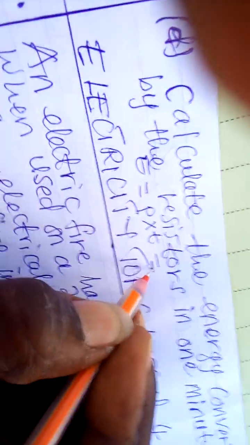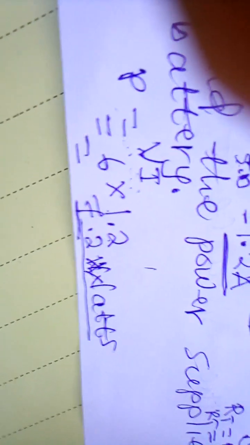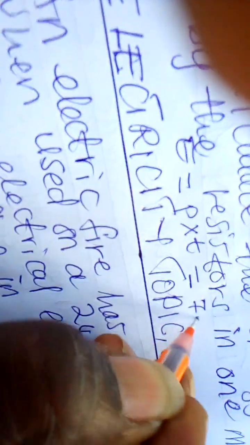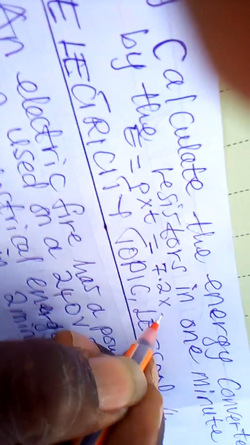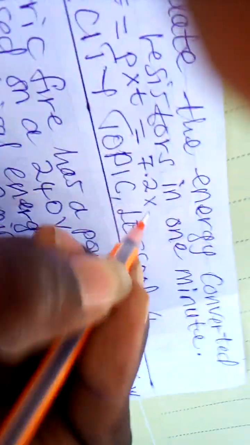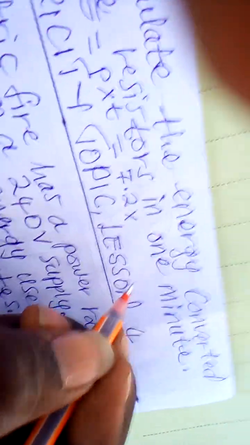Now, what power have we calculated? Let's check. The power we've calculated is 7.2 watts. So we write it down here: power is 7.2 times time. Time is 1 minute.